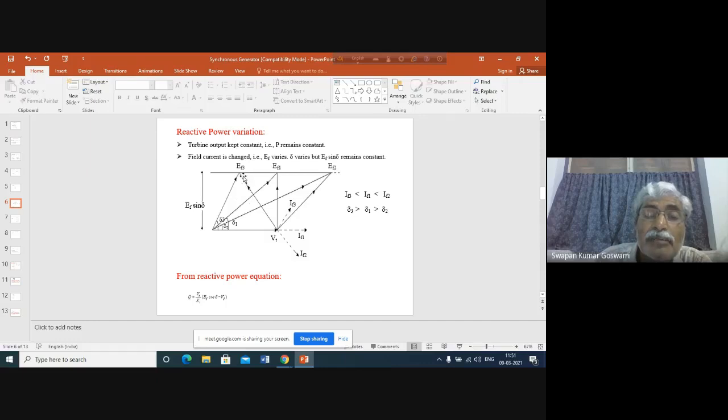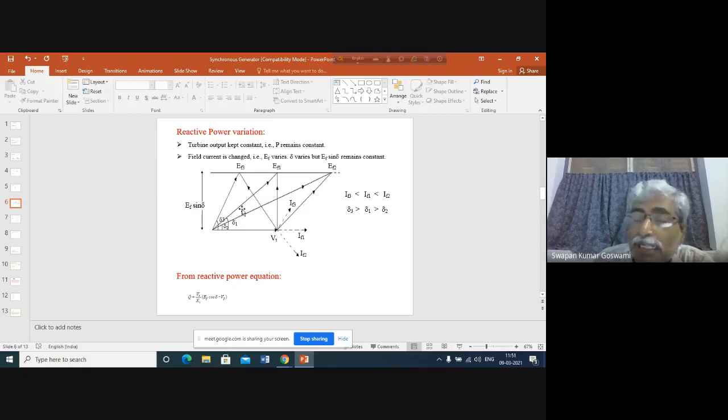Since EF3 is less than EF1, to maintain constant active power, that means to keep EF sine delta constant, delta3 has to become more than delta1. That means as you decrease the field current, the delta value is increasing. As you increase the field current, the delta value is decreasing.